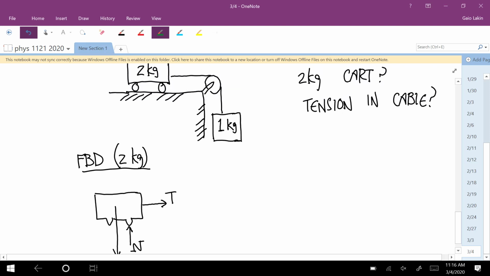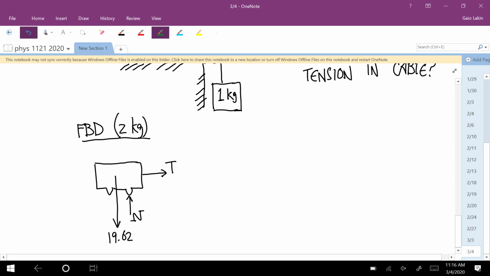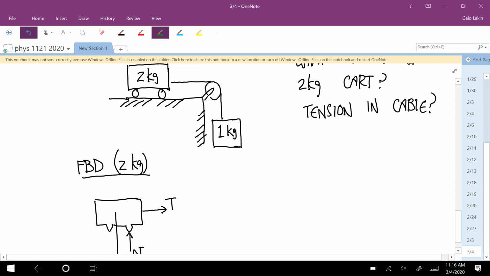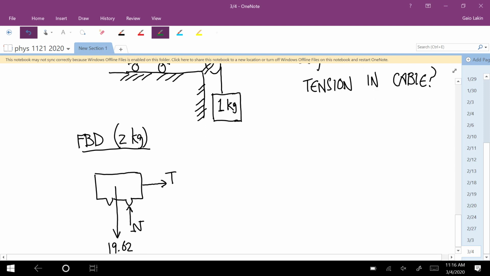And what do we know about the direction of the acceleration of this? Remember, on rolling and sliding problems, we have to figure out whether it's moving in the x direction or the y direction. Actually, we don't even care what the sign is. All we have to do is pin it down to x or y. So let me do Newton's second law here.